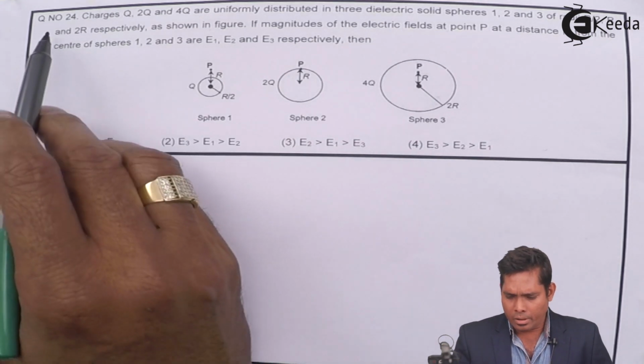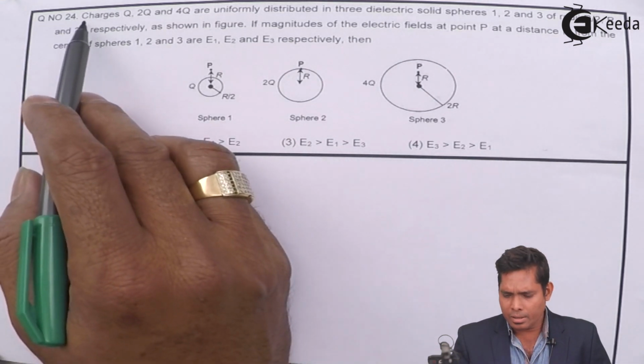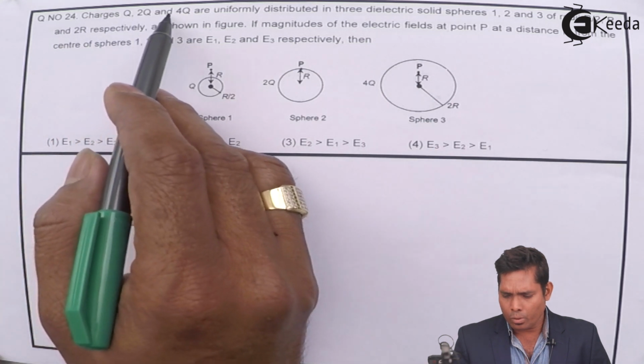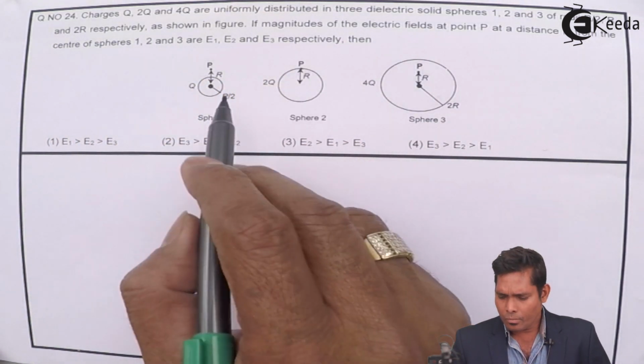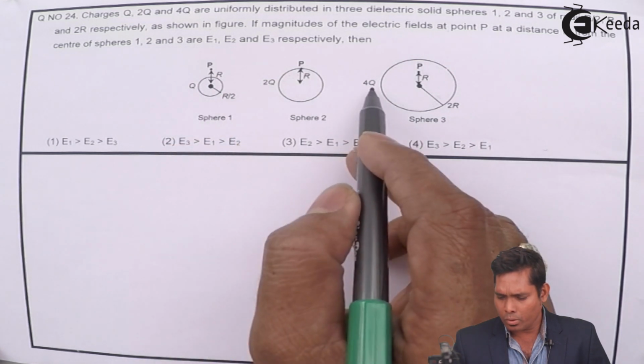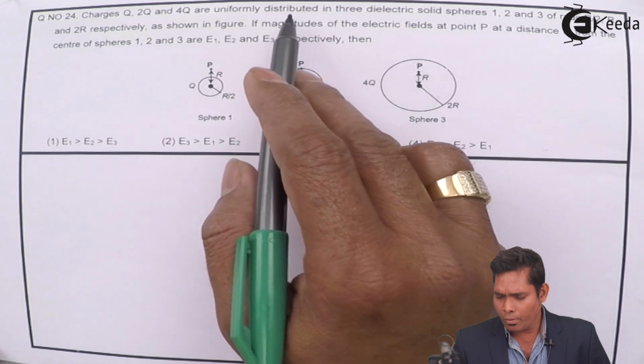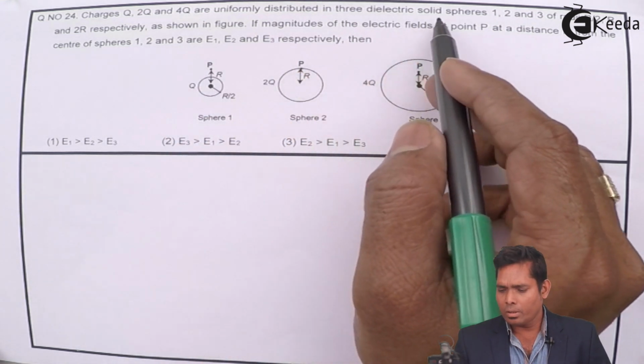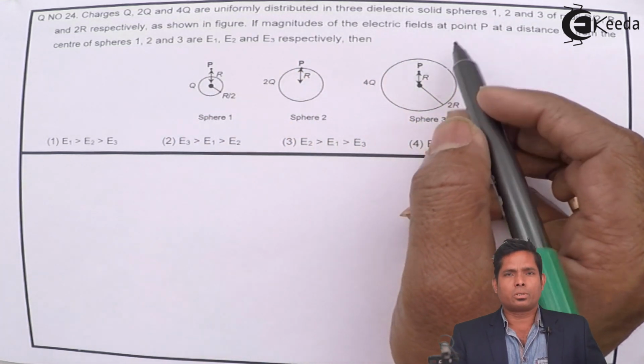In this question it says that charges Q, 2Q, 4Q are uniformly distributed in three dielectric solid spheres.